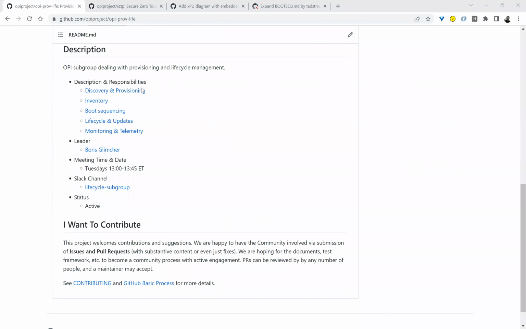So let me start as usual with a recap. This work group is focusing on these 5 major things: the discovery and provisioning of DPUs and IPUs, the inventory information, the boot sequencing between the host and the DPU, lifecycle and updates, monitoring and telemetry.